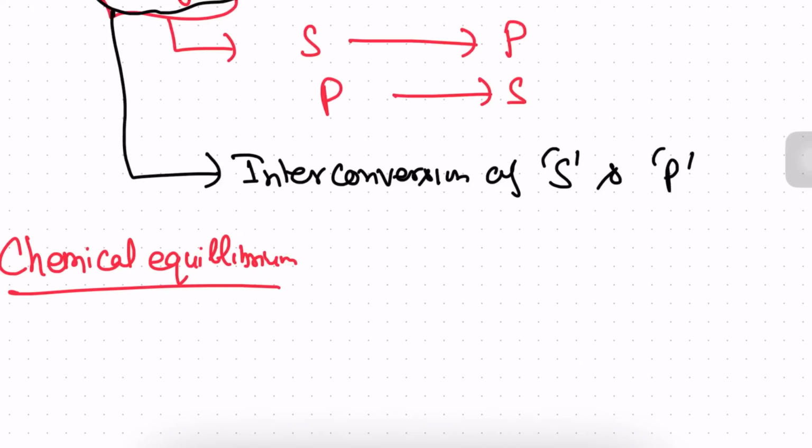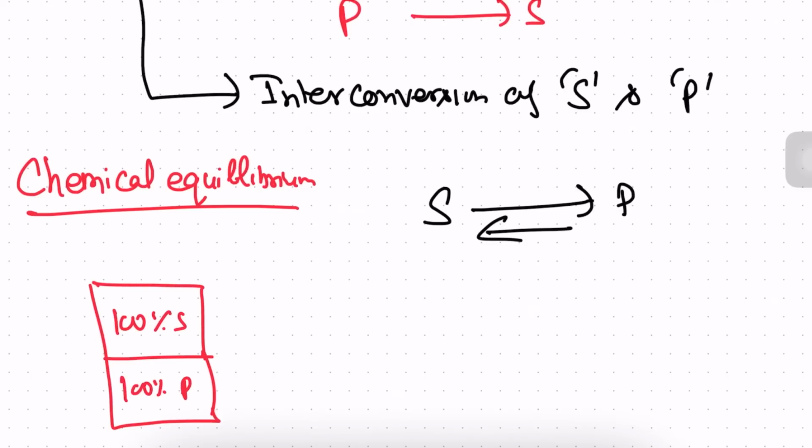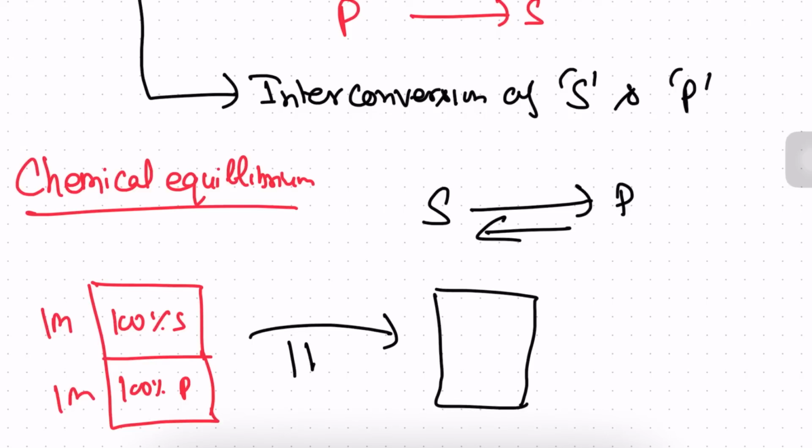If you have a reaction where substrate is being converted into product, and product is being converted into substrate, let's suppose initially you have 1 molar concentration of substrate and 1 molar concentration of product. Now let's suppose you are carrying out this reaction outside, and in 1 hour it reaches the stage of equilibrium.